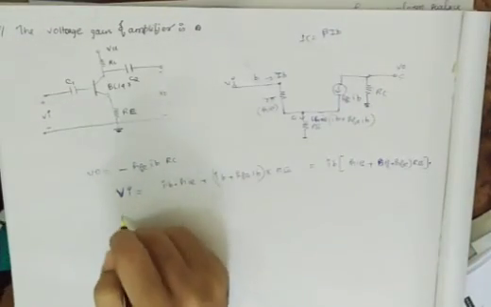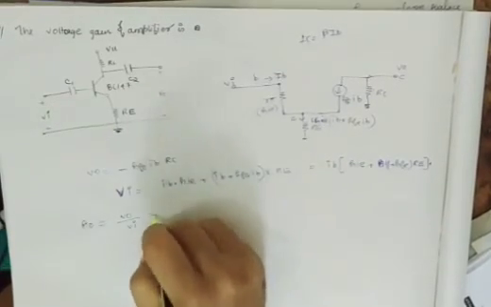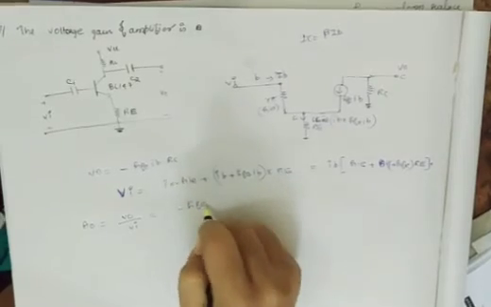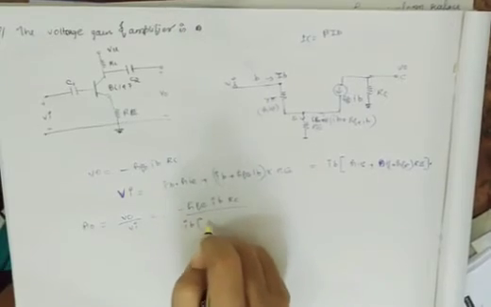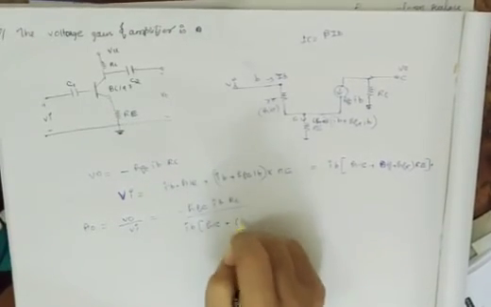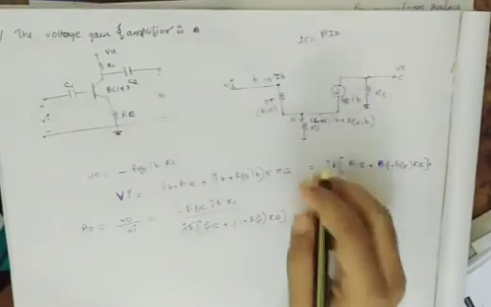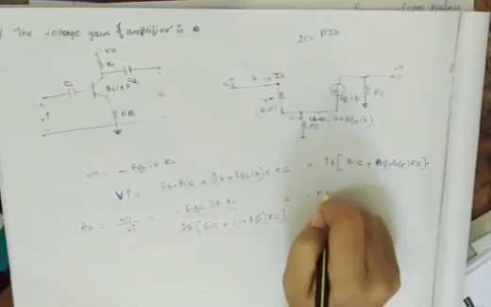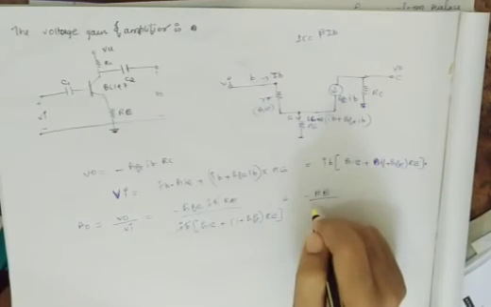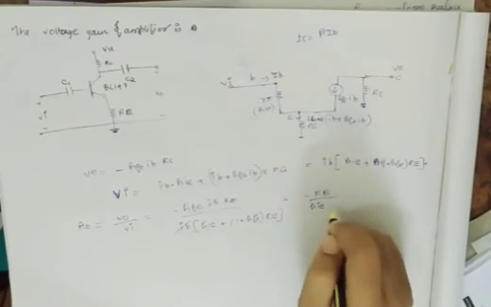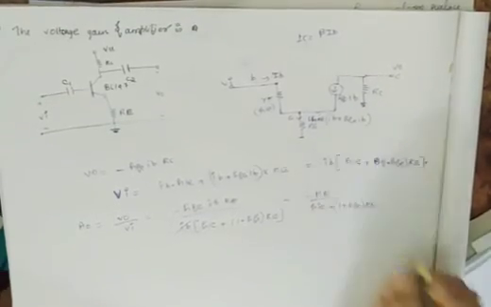So V0 divided by VI, that is our gain, is equal to minus HFE into IB RC divided by IB into (HIE plus (1 plus HFE) into RE). IB and IB cancel out, we will get minus HFE RC divided by HIE plus (1 plus HFE) into RE.